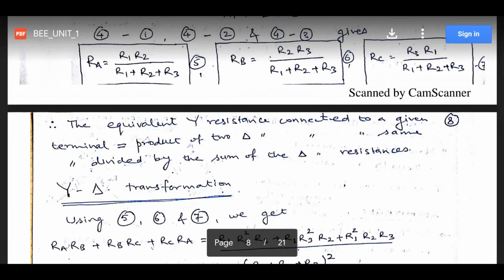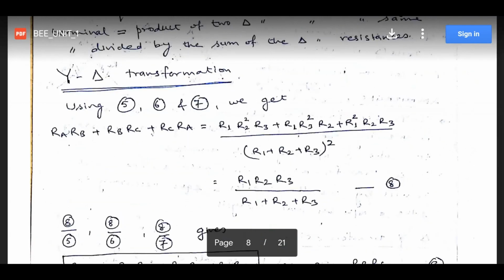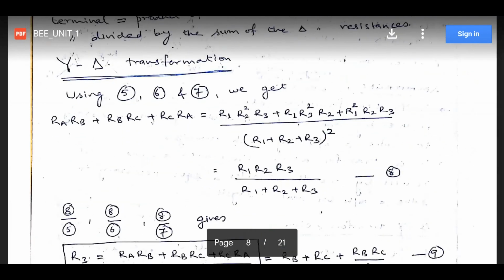So these can be summarized as: the equivalent star resistance connected to a terminal is the product of the two delta resistances connected to the same terminal divided by the sum of all three delta resistances. Now we will do the reverse thing. Now we will do the star to delta transformation.